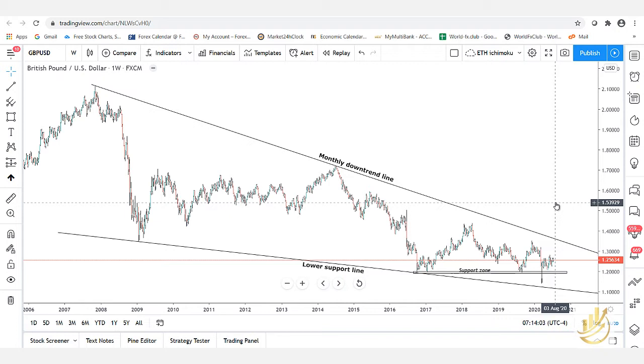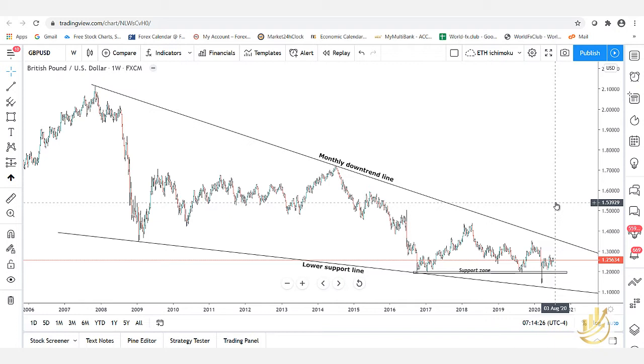So the volume, and all those people who do not spend so much time understanding market structure, they usually get caught on the wrong side of the market. So let's see what market structure is telling us in different pairs.